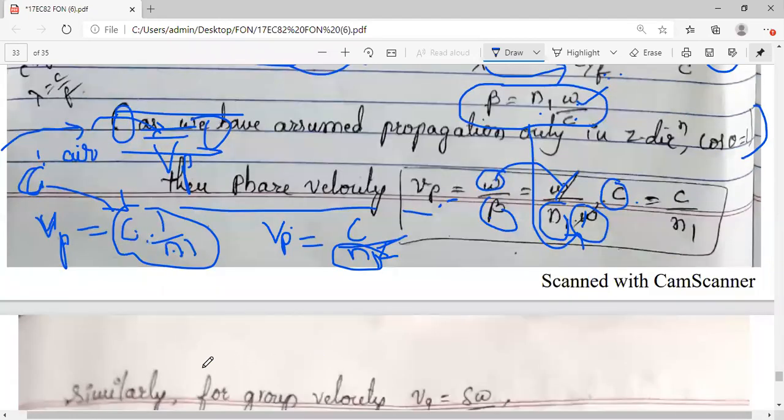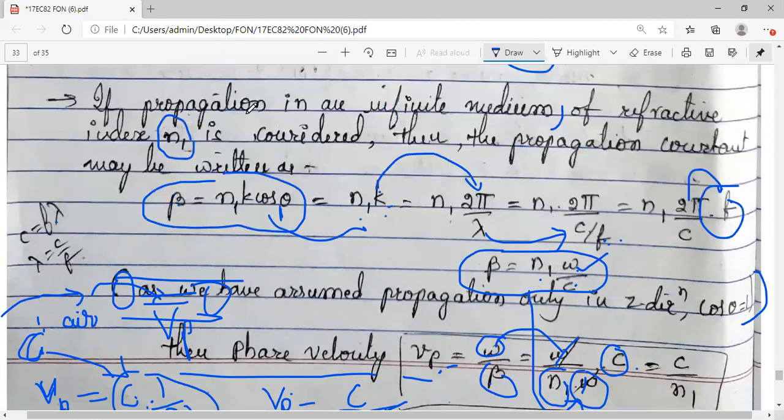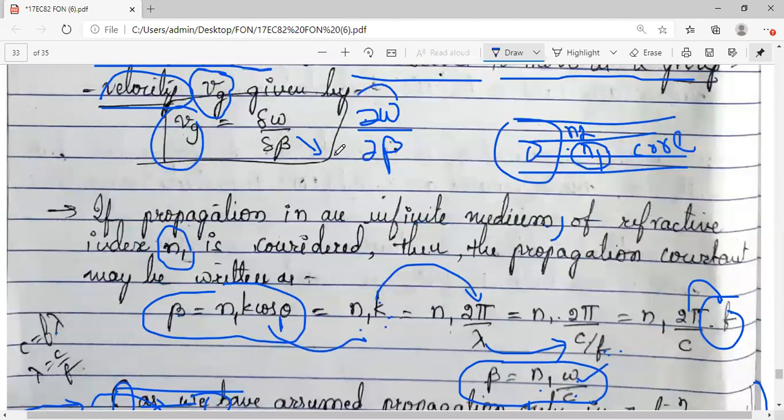Now let us get the equation for group velocity Vg. We have already defined Vg, it is dou omega by dou beta.